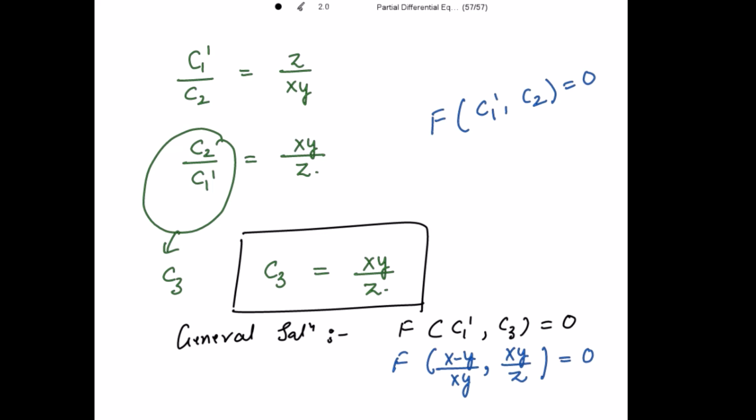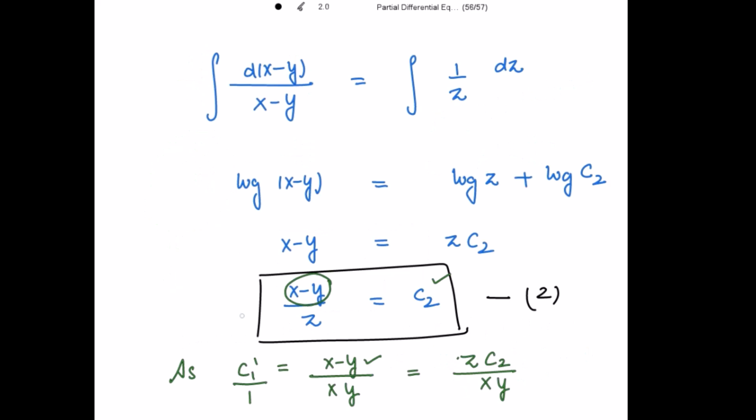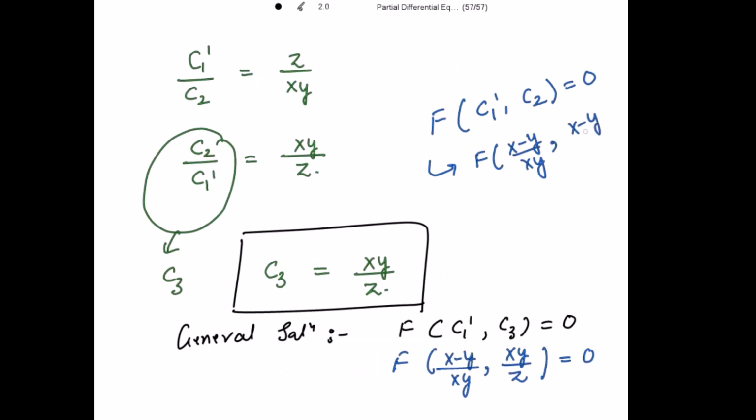Here I have just changed the format of the solution. You can also write the solution as it is, that is f of (x minus y) divided by xy and (x minus y) by z equals 0. So you can write the solution both of the ways, where f is your arbitrary function.